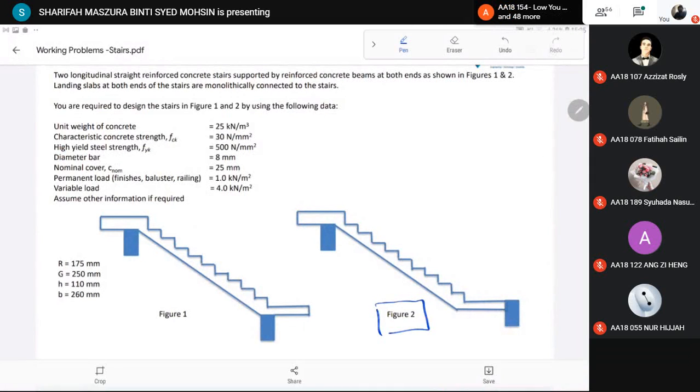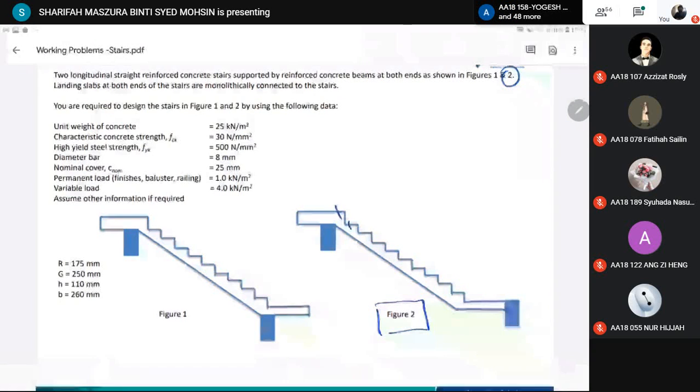Okay, figure 2. For figure 2, basically we have 1, 2, 3, 4, 5, 6, 7, 8, 9, 10 steps. We have 1500.